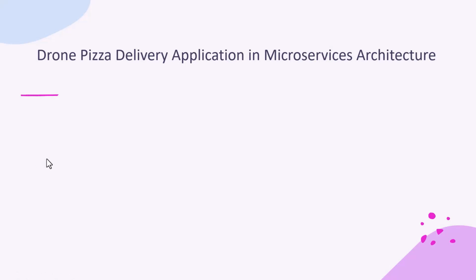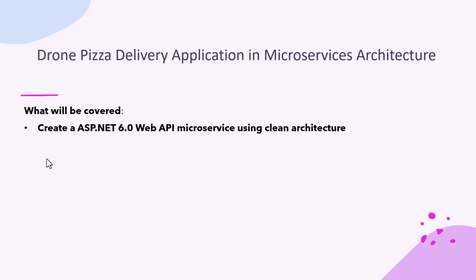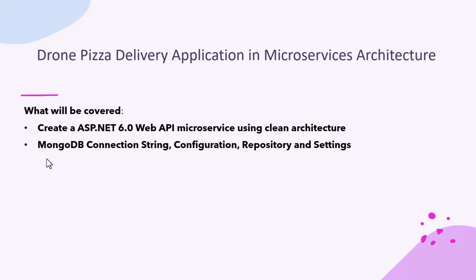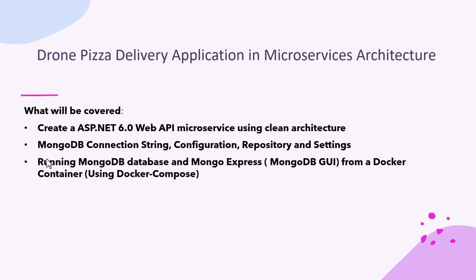In this project we'll create an ASP.NET 6 Web API microservice using clean architecture, with a MongoDB connection string, configuration, repository and settings, and run the MongoDB database and Mongo Express, which is a MongoDB graphical user interface, from a Docker container using the Docker Compose tool.